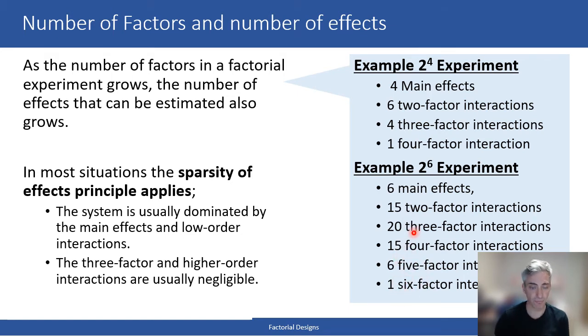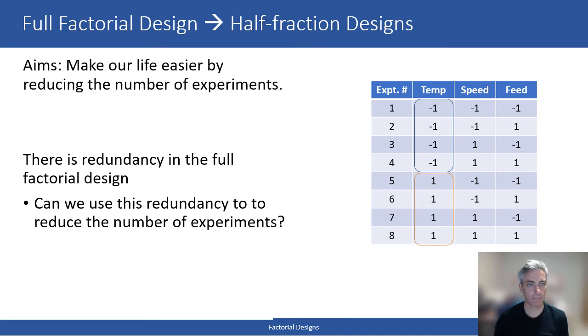And you can of course prove whether they can be ignored using statistics. The fact that many of the higher order interactions can be ignored is actually a great help, because we can reduce the number of experiments that we have to do. One example of this is the half fraction designs approach.